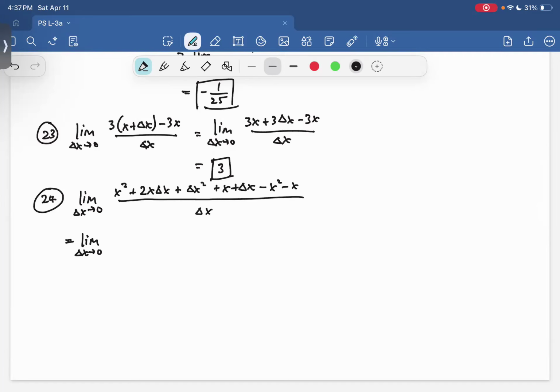Let's cancel what we can. What cancels out? X squared, x, and x. So those things cancel, which means that we're left with 2x delta x plus delta x squared plus delta x over delta x.